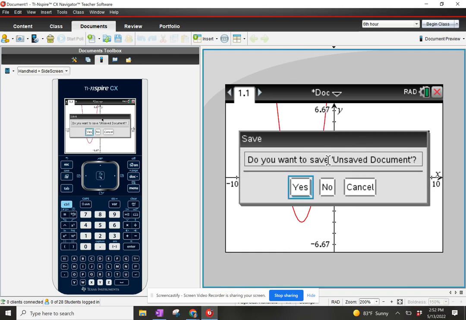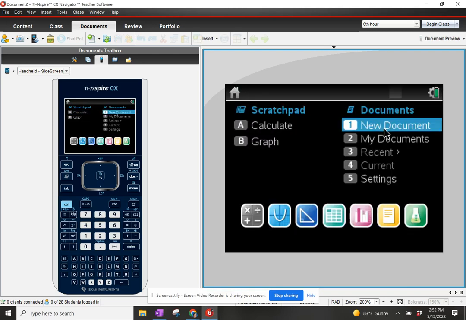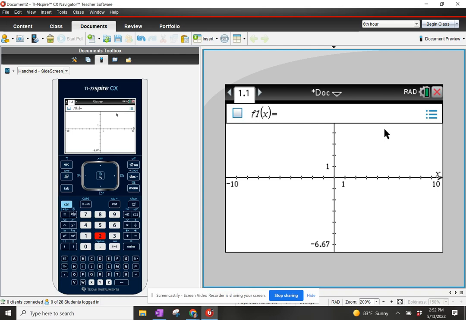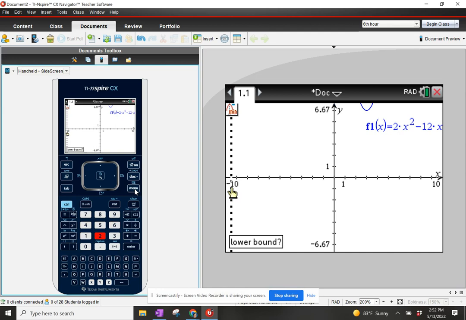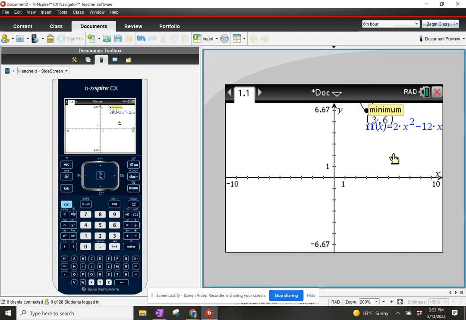So I'm going to clear this. G of x, and then menu 6-2. So then that is 3 comma 6.